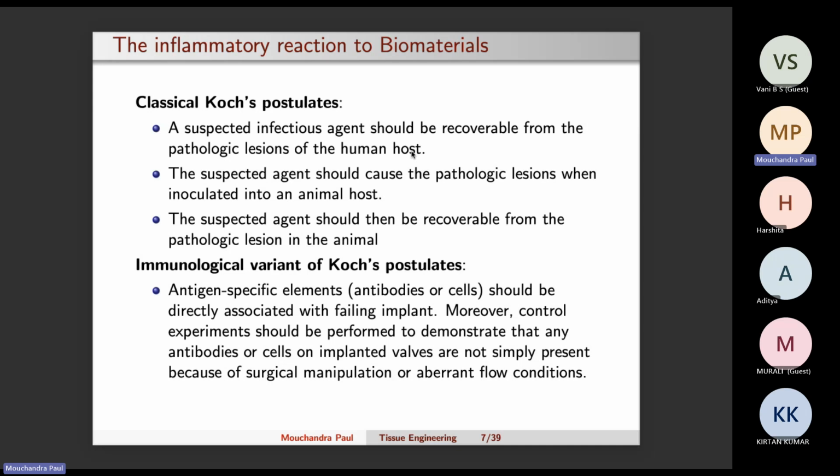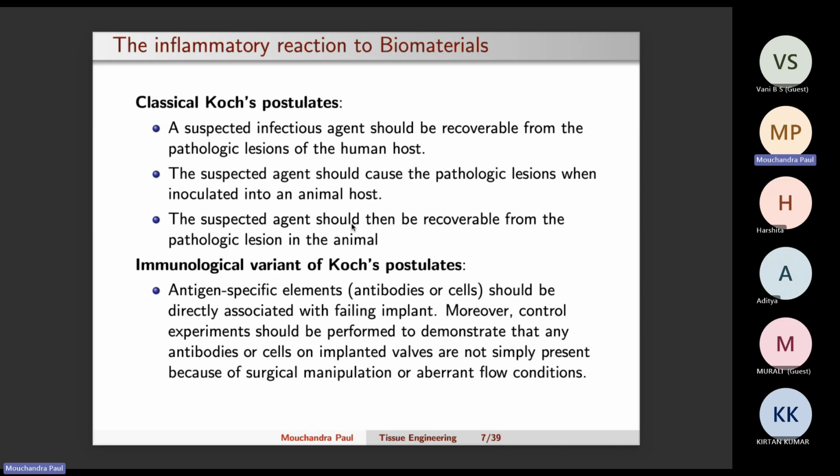So, whatever infectious agent you think has caused that particular condition, you first have to recover that from the site. Then this particular agent should cause the same pathological lesion when inoculated into another host. All right. And then from the second host, you should be able to recover that suspected agent.